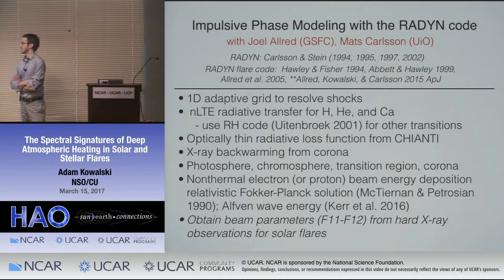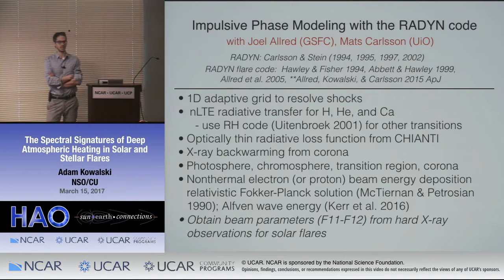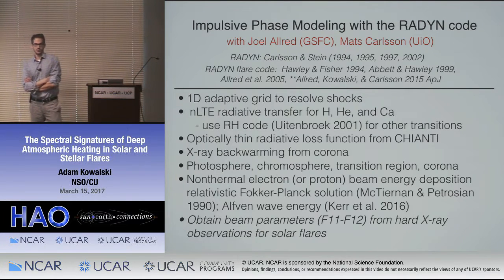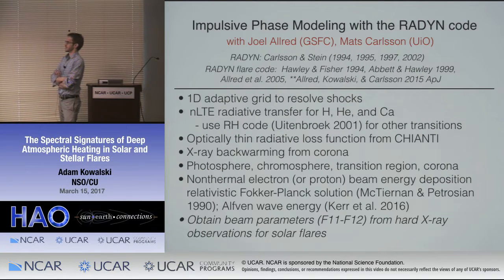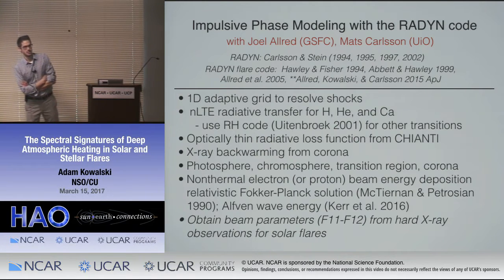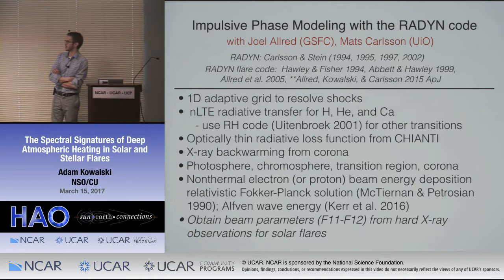The other strength of this code is that it calculates the detailed spectrum. It solves the equation of radiative transfer using hydrogen, helium, and calcium-2. And if we want other transitions, other spectral lines, we use the RH code. It also has a way to model a flare.